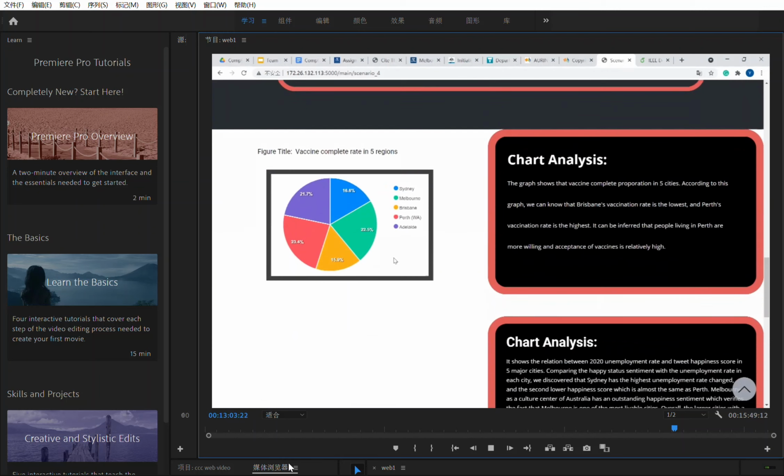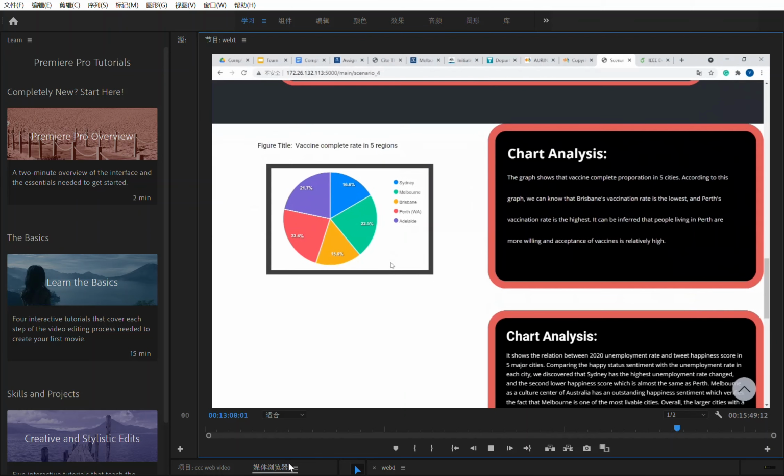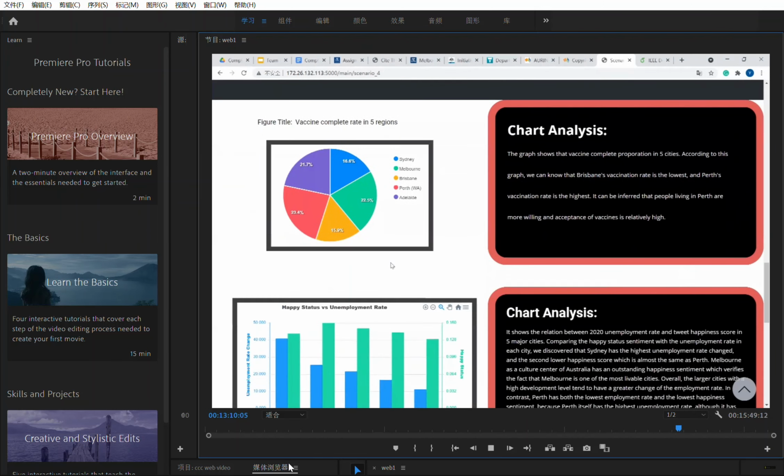And here is a pie chart for vaccination rate. We find that Brisbane vaccination rate is the lowest and the Perth vaccination rate is the highest. So we may infer that people living in Perth are more willing to take the vaccination.